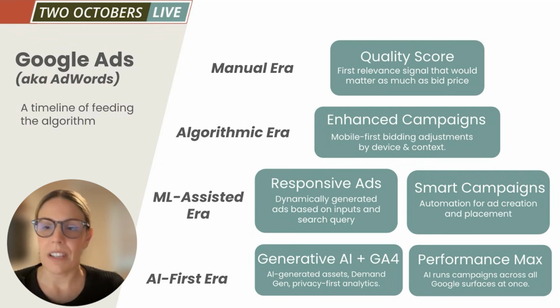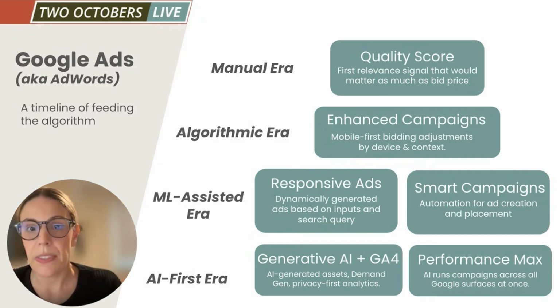And that in turn moved into this more algorithmic era where mobile first bidding could help give a little bit more context and importance for devices and what you had in your ads to make your campaigns work smarter.